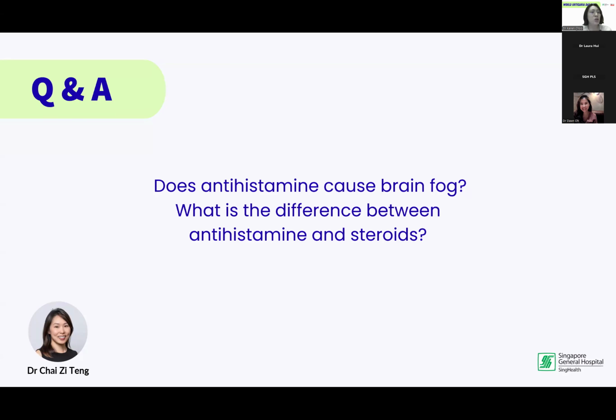Once you stop it, usually these antihistamines are out of your system within 24-48 hours. They are not medicine that lasts in your body for a long time. So in general, they are quite safe. However, we would advise that if you need long-term antihistamines, come and see a doctor, check that the indication is correct, check that the dose is correct, and that the way you're taking it is effective for you. Over to you, Laura.